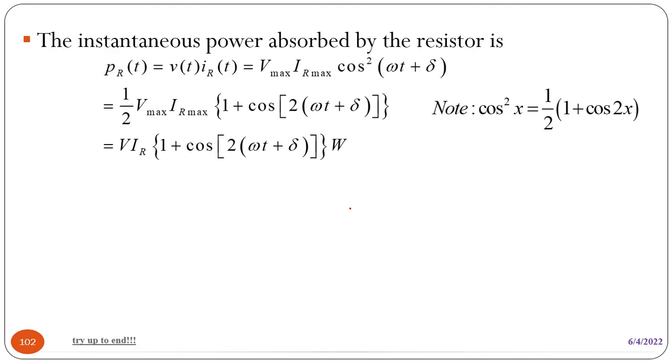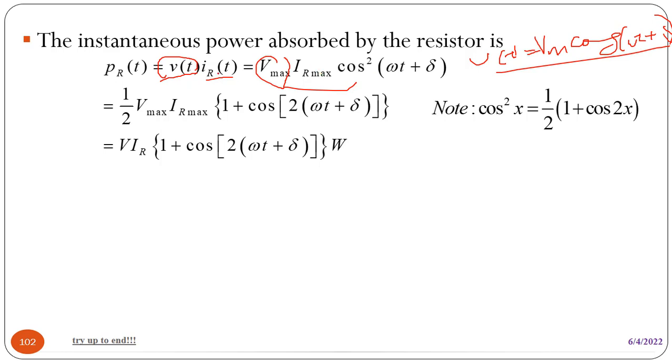So the instantaneous power absorbed by the resistor is the product of the instantaneous voltage times the instantaneous current, where the instantaneous voltage v(t) is equal to V max times cosine of omega t plus sigma, and the instantaneous current is equal to I max times cosine of omega t plus sigma.